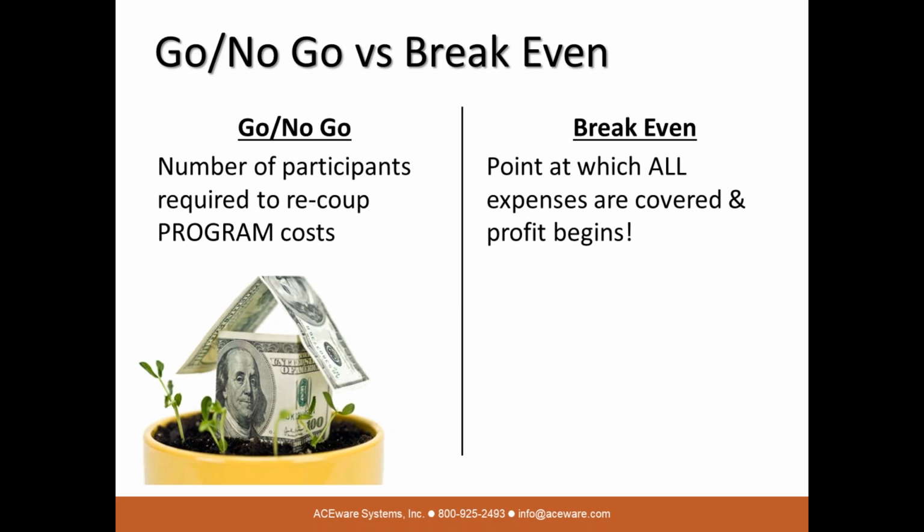Or you might have a go, no go of 5, but the instructor might say, I need 7 people before it's worth my time. I have a big enough ego. If I can't get 7 students in the class, I'm not going to do it. So the idea of changing that minimum number is really a program manager's call. Presumably they're going to use that number.